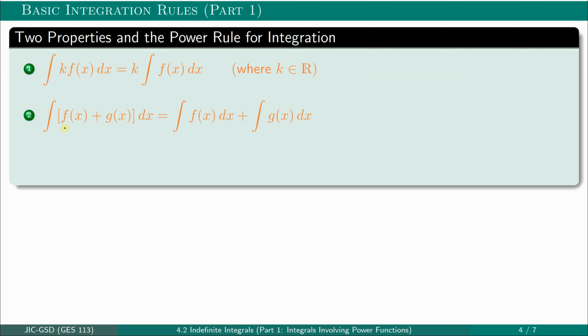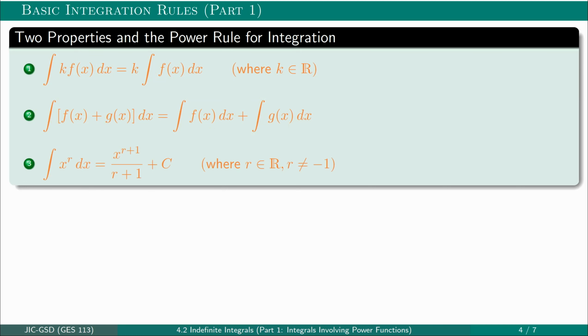The second property says that if you have integral of f plus g with respect to the variable x, and here we have a sum of two functions, we can integrate this individually. That is, we can integrate the function f of x with respect to x, and after that we add the integral of g of x dx.